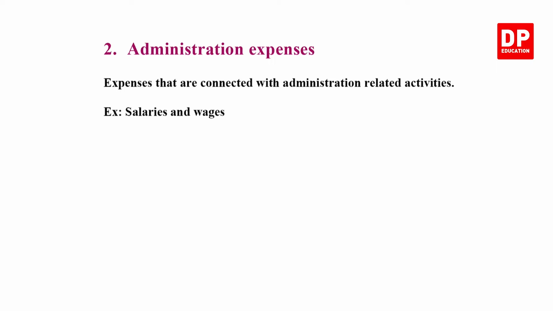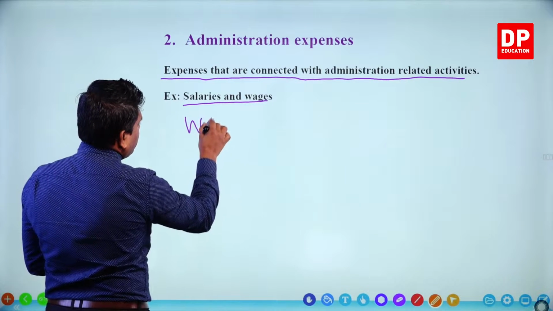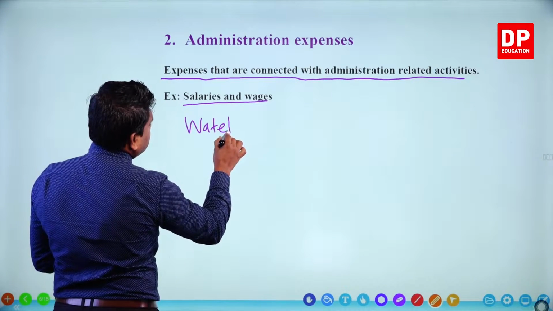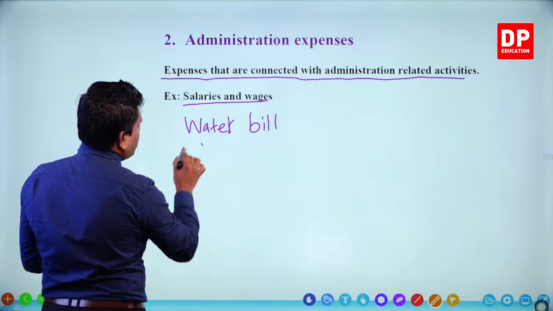Then the next one, administration expenses. They are connected with administration-related activities. Salaries and wages. Then what else? Water bill. What else? Electricity bill.